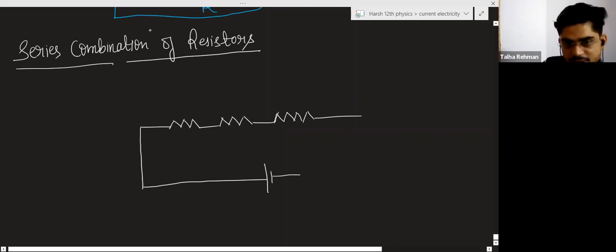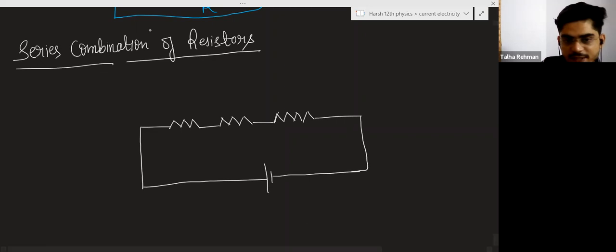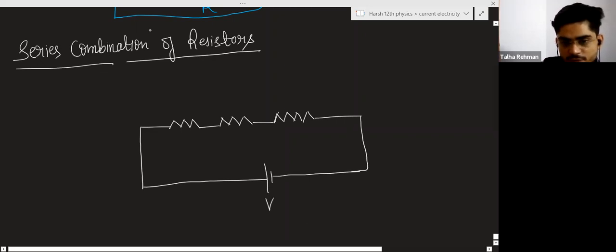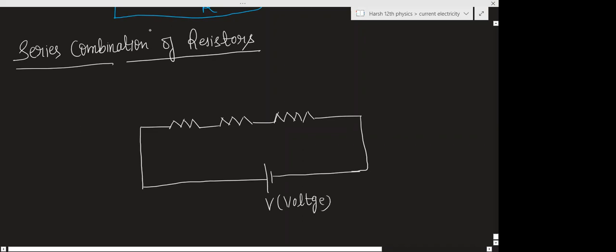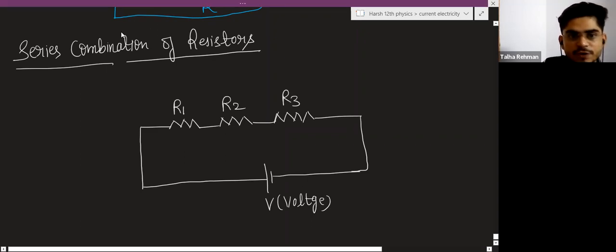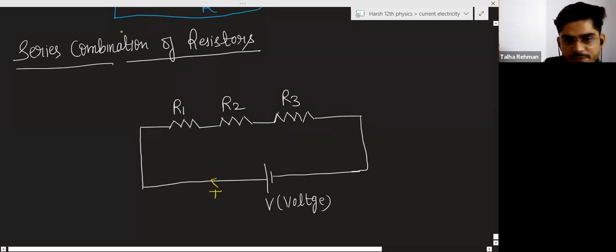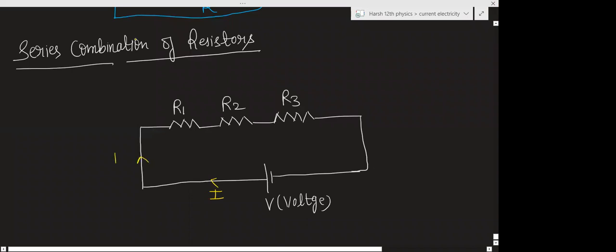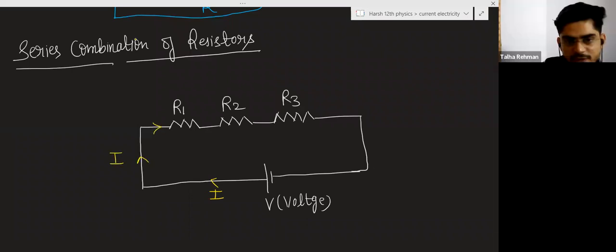These three resistances are connected like this, and this is the battery of voltage V. I am supposing these resistances as R1, R2 and R3. I have told you if the wire is the same, the current will be the same. See, there is no branching here, so the current will be the same.